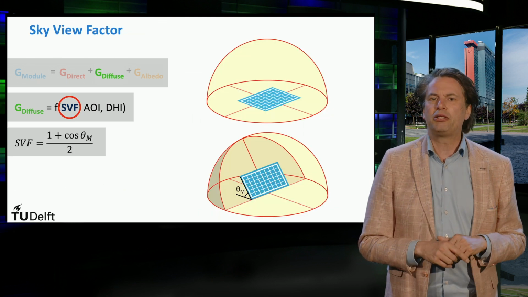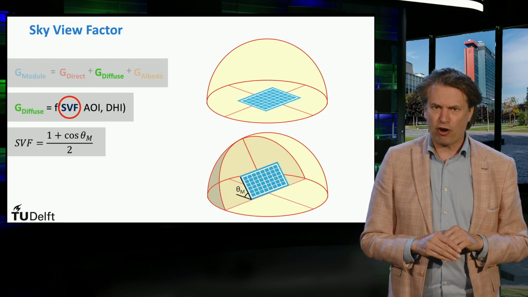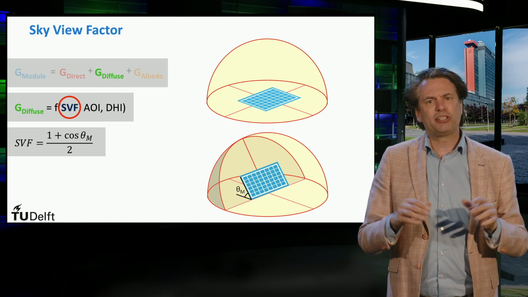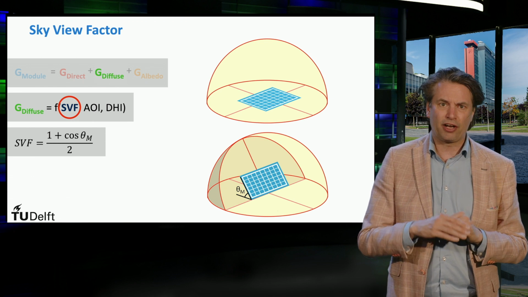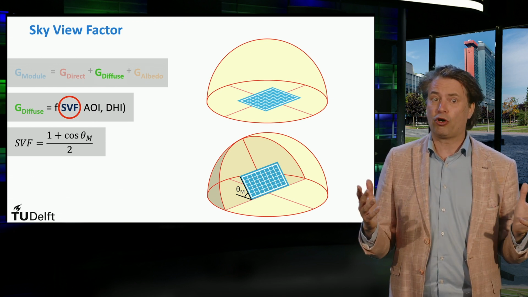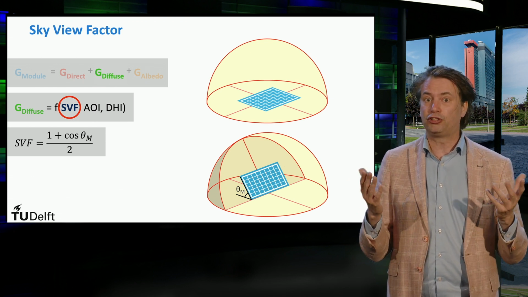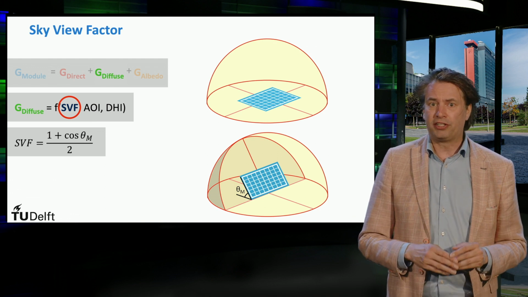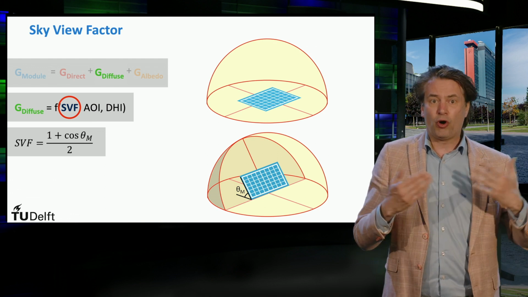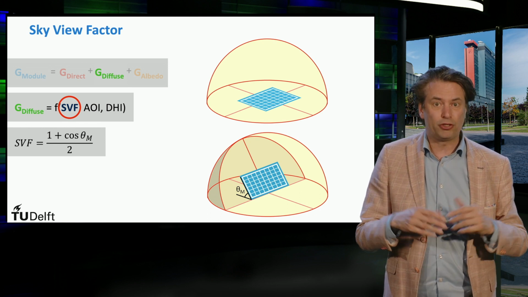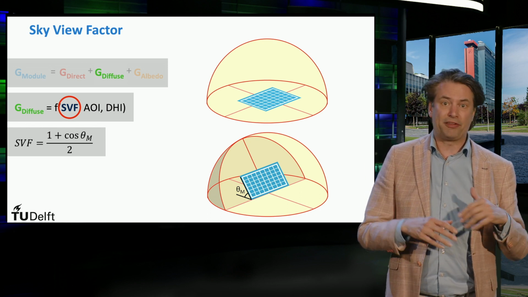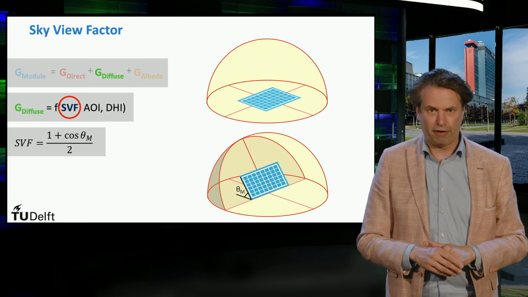This parameter only depends on the tilting of the module, and it represents the portion of the sky seen by the module. As the tilt angle increases, the portion of the sky that the module faces decreases. For example, when the tilt is 90 degrees, then only half of the sky irradiance can be received by the module, and indeed the cosine of 90 is 0 and the equation gives 0.5.